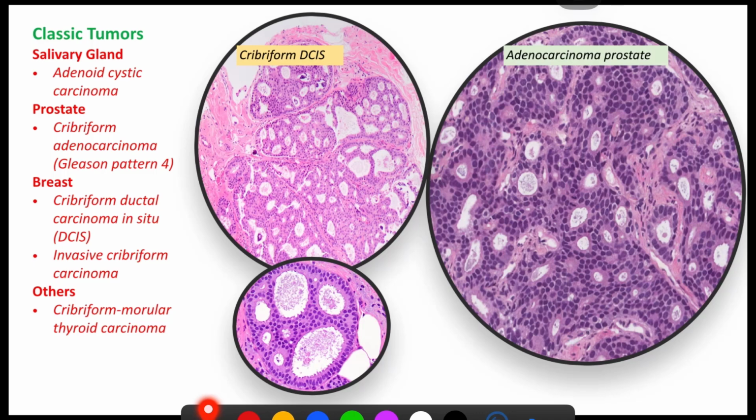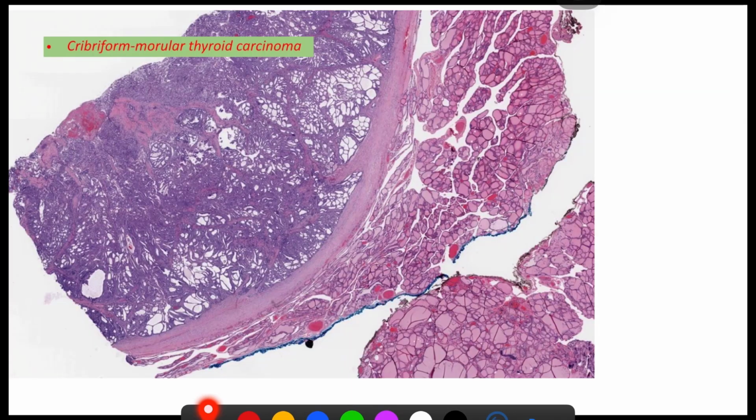DCIS or ductal carcinoma in situ, where Cribriform pattern is common, shows this type of punched out lumina in the nest. Some invasive cribriform carcinoma is also seen in breast carcinoma. Another example is cribriform morular thyroid carcinoma.